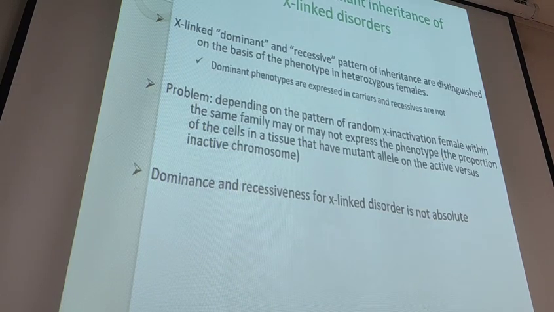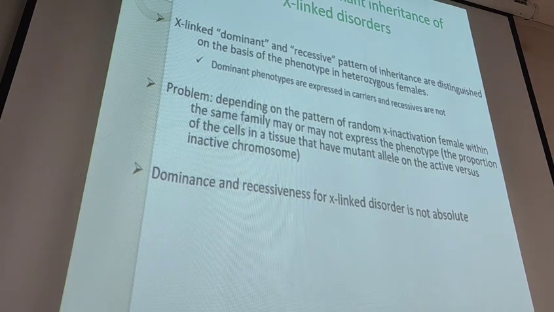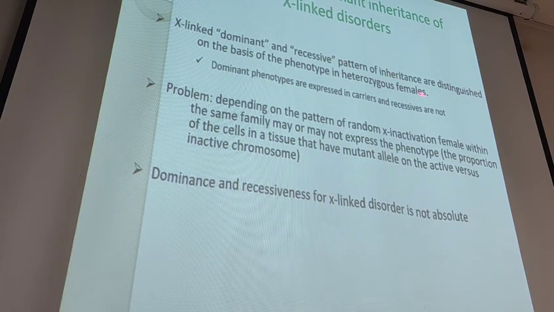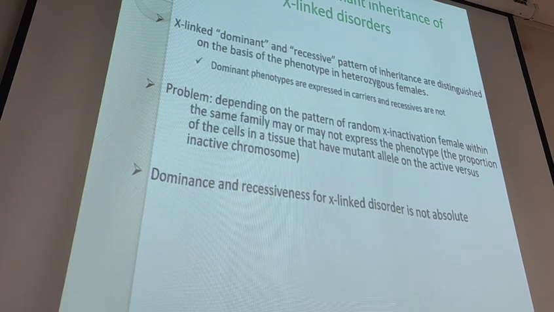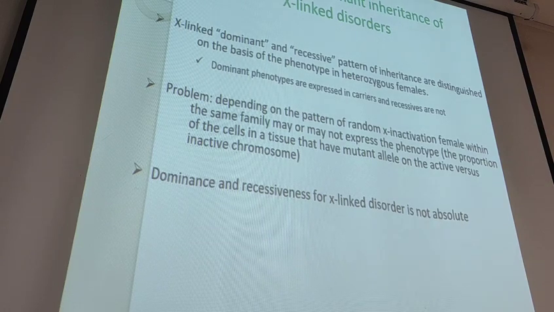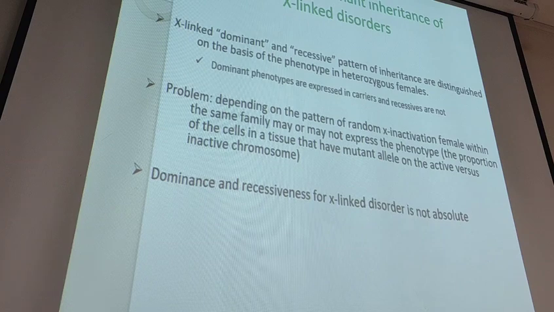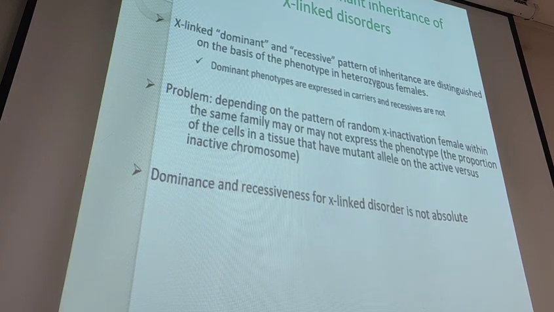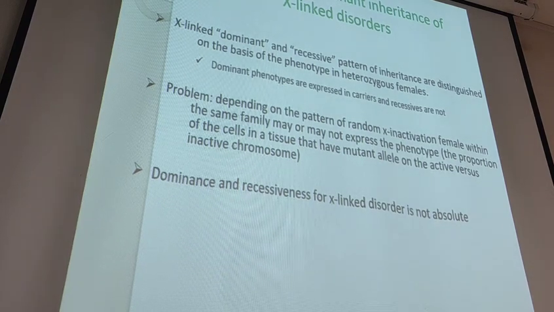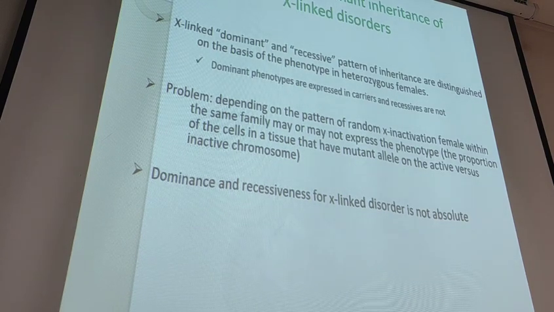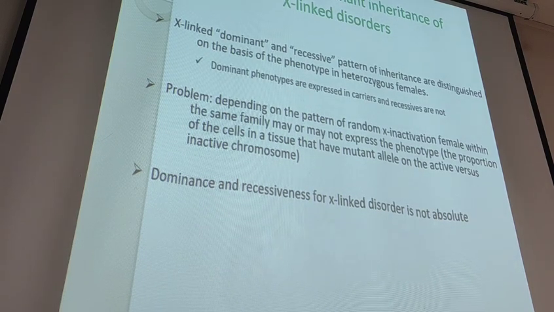For X-linked also we have two kinds of inheritance, recessive and dominant. X-linked dominant pattern of inheritance is usually distinguished on the basis of the phenotype in female heterozygotes. Okay, if heterozygote females have the phenotype, this is X-linked dominant.